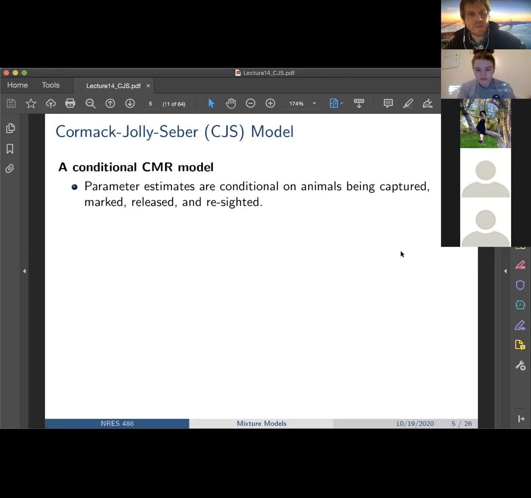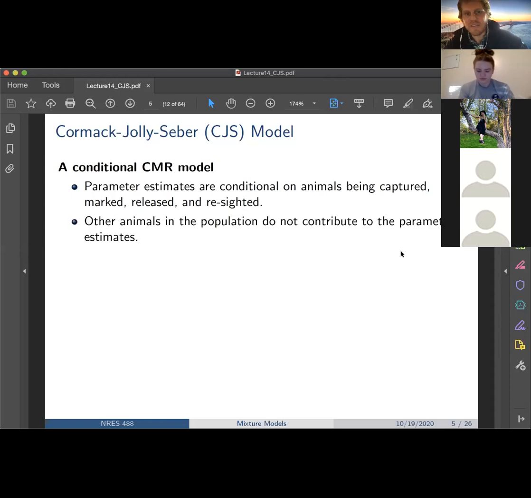So that's where we say it's a conditional CMR model, where parameter estimates are conditional on animals being captured, marked, released, and resighted. However, if we make an assumption that the animals we capture are representative of the entire population, then we can extend our estimates of survival rates to the entire population, but it all hinges on that assumption.